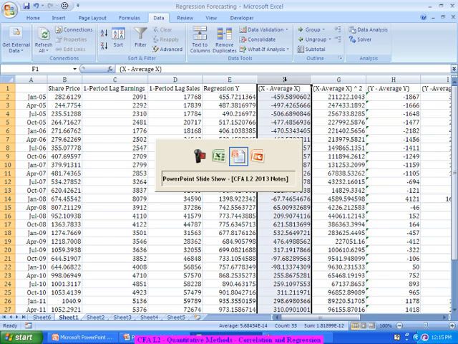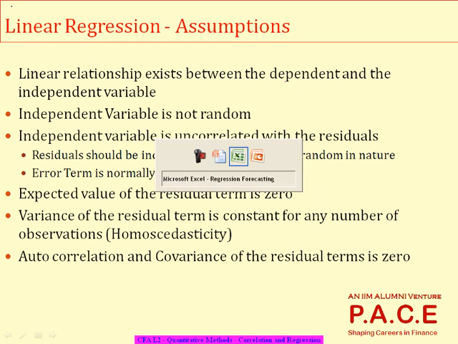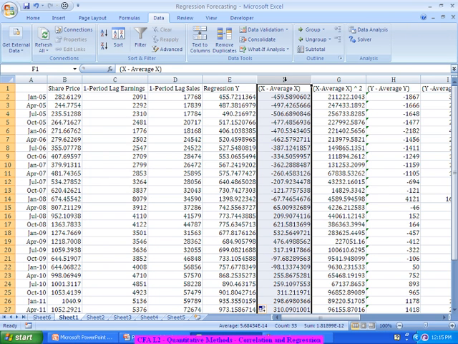The assumption which linear regression makes is that the independent variable is uncorrelated with the residuals. The independent variable is the C column. It should be uncorrelated with the residual. So when I find the correlation between those two, I should get it very close to 0.